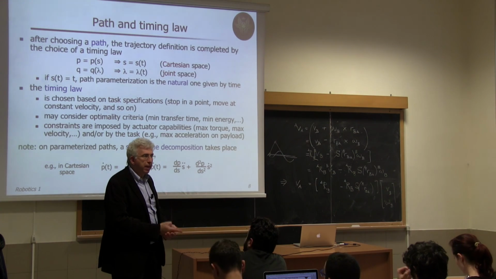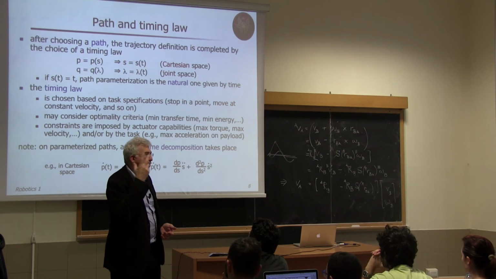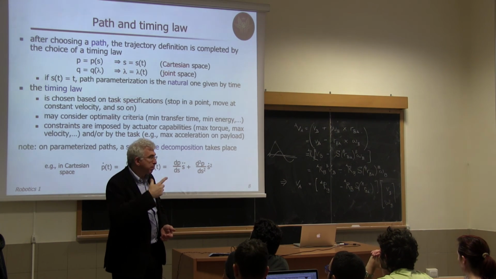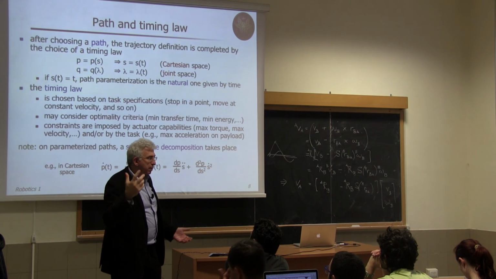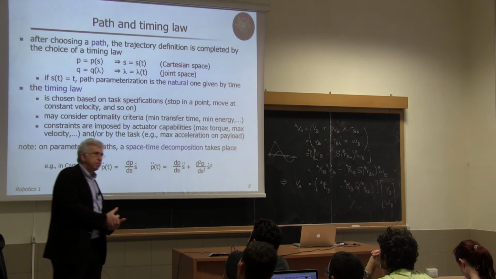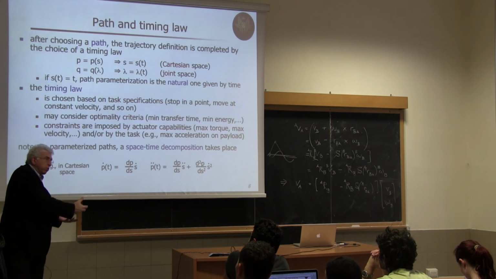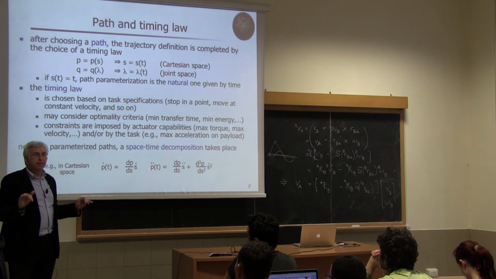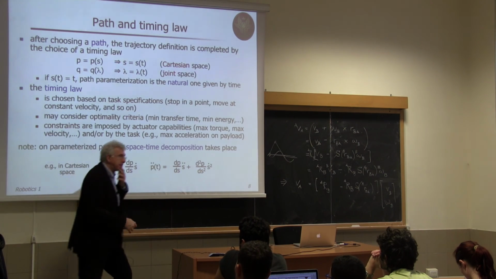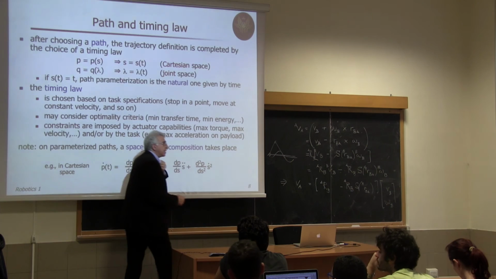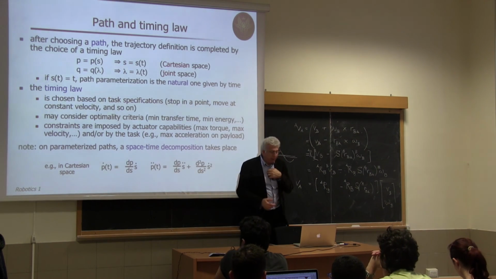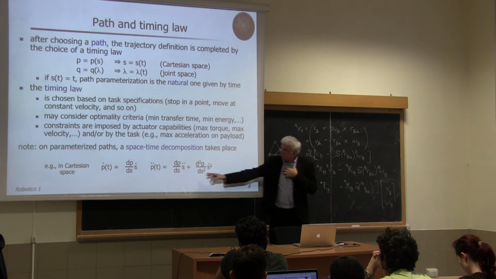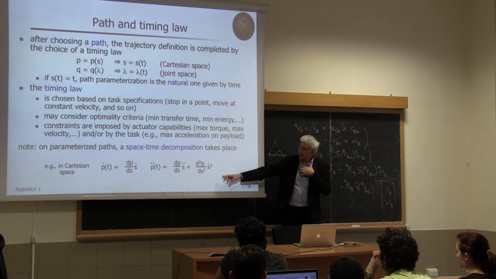And even if I can improve by 10% the total time for one cycle, repeated 10,000 times, this will save time, which means that I can produce more, or I can just decide to stop at the end and save energy, not activating the robot for a while, and so on and so on. So there are many optimality conditions that can be considered.